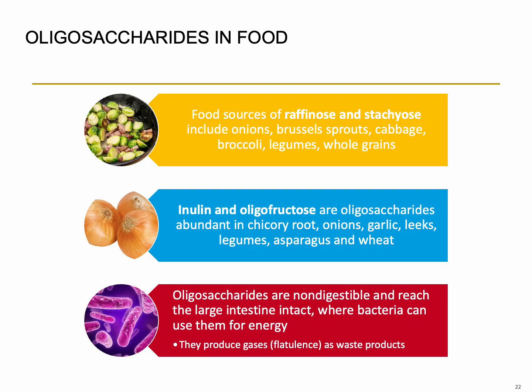So these oligosaccharides, which are common in certain vegetables and legumes, they're non-digestible, and so when they reach the large intestine, bacteria uses them for energy. This is basically very healthy for your body, but if people change their diet rapidly and aren't used to taking in a lot of vegetables, this is one of the reasons why you can get a little bit of digestive discomfort like gas.